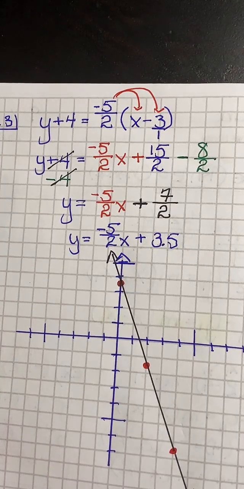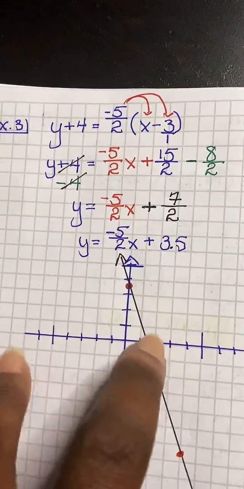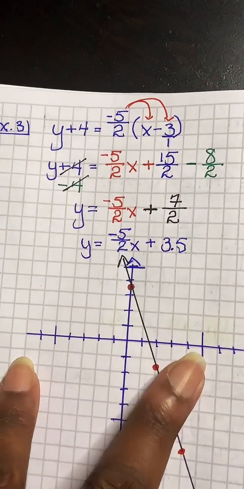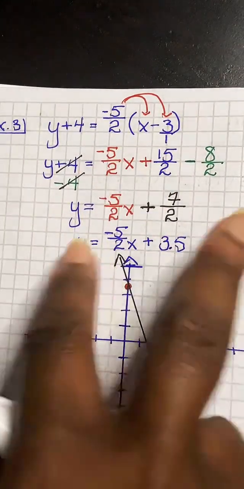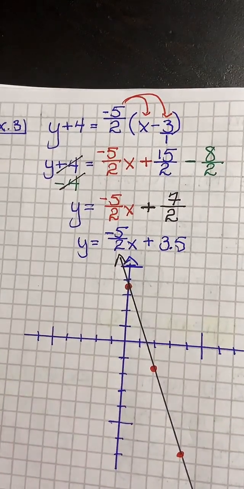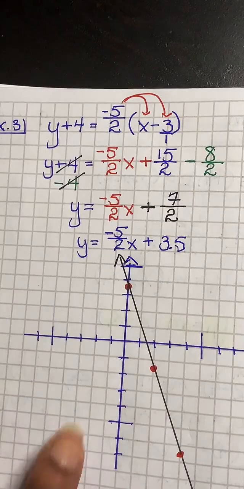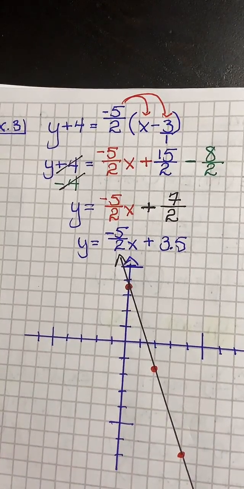So sometimes I would like to say, use your notes. The way I say use your notes, on a separate sheet of paper, copy down the same problem, see if you do the same thing, and then use your notes as an answer key to see what part am I missing? Because sometimes that helps.